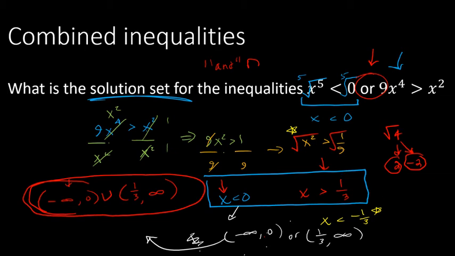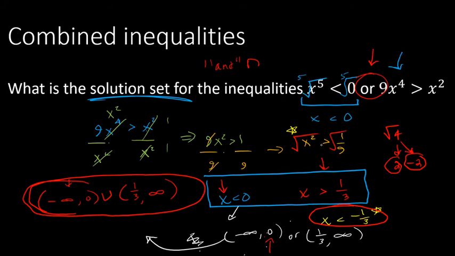For the purposes of this problem, I chose not to include it, but again, notice that it would have been this piece right here. However, since we already had 0 as our constraint, we were saying less than 0. Well, if x is less than 0, x is obviously also less than negative 1/3, right?